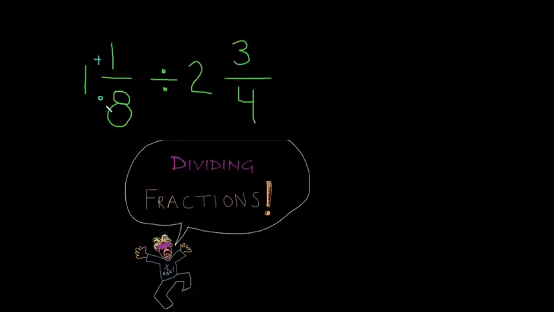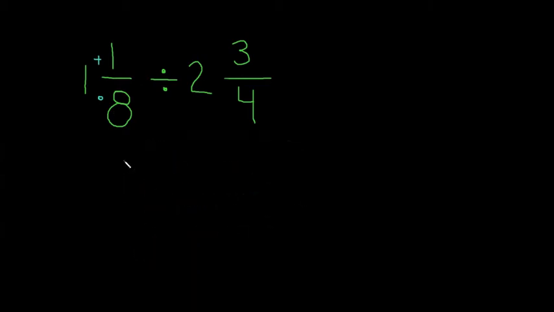Okay, so 1 times 8 is 8, plus 1 is 9. Keep the same denominator. Divided by 2 times 4 is 8, plus 3 is 11. Keep the same denominator.